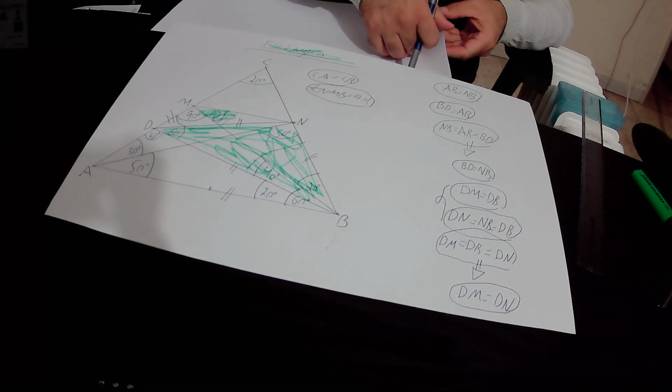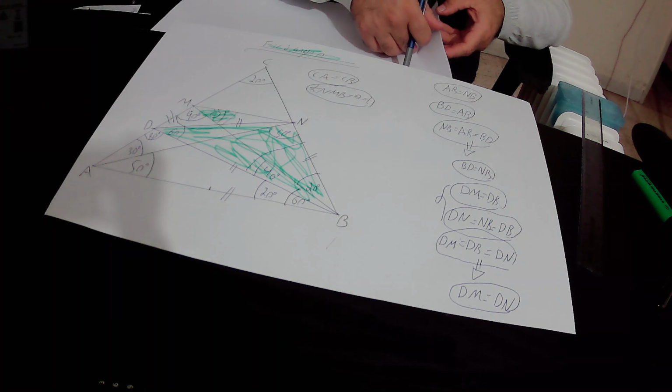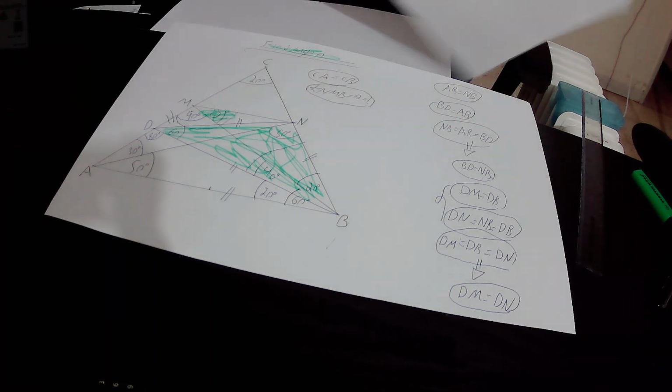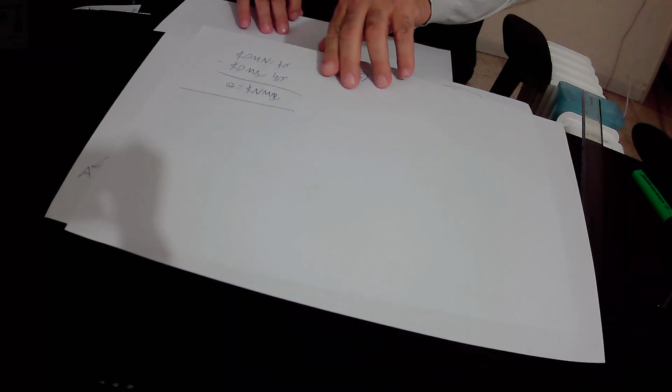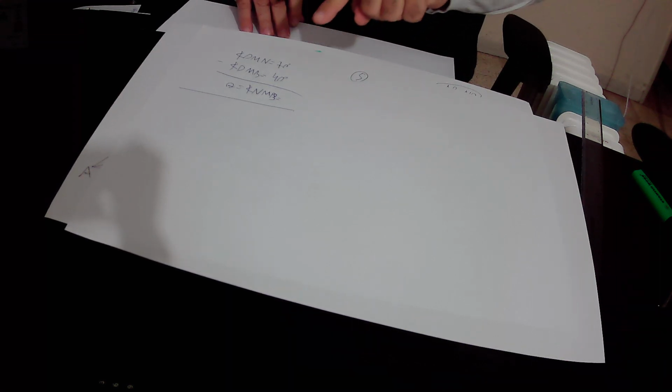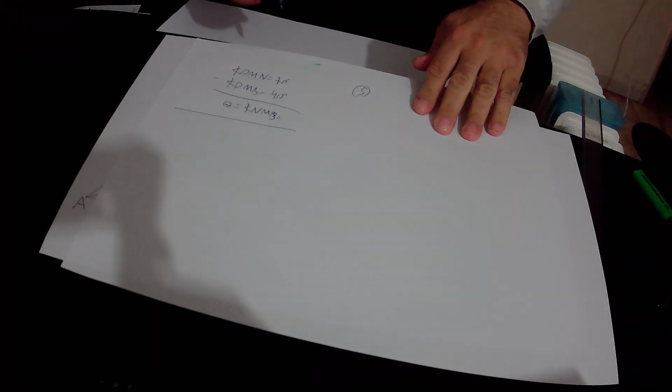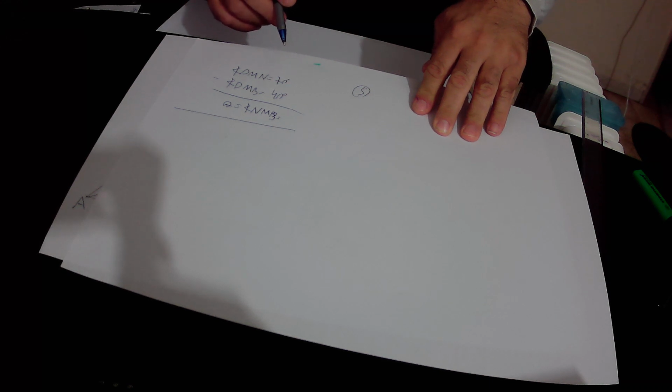I'll repeat again. The big angle DMN, 70 degrees, minus the small angle DMB, 40 degrees, must be equal to angle theta. The big angle is 70 degrees, the small angle DMB is 40 degrees, so 70 minus 40 is 30 degrees.